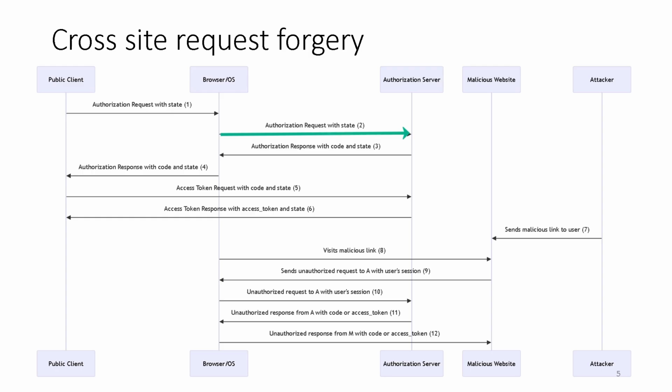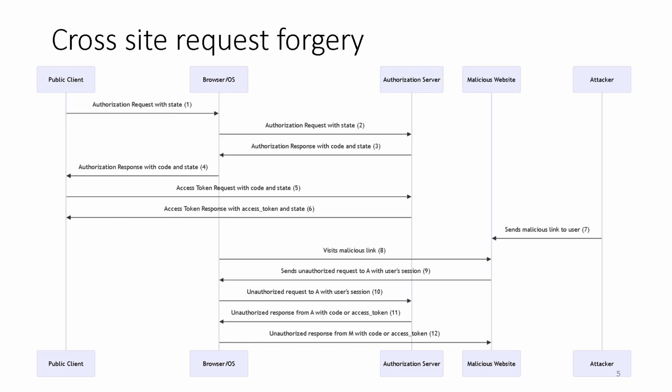The authorization server responds with an authorization code and the same state value to the browser or operating system after authenticating the resource owner and obtaining their consent. The browser or operating system returns the authorization code and the same state value to the public client via the redirection endpoint URI, which we explained in the previous lectures.